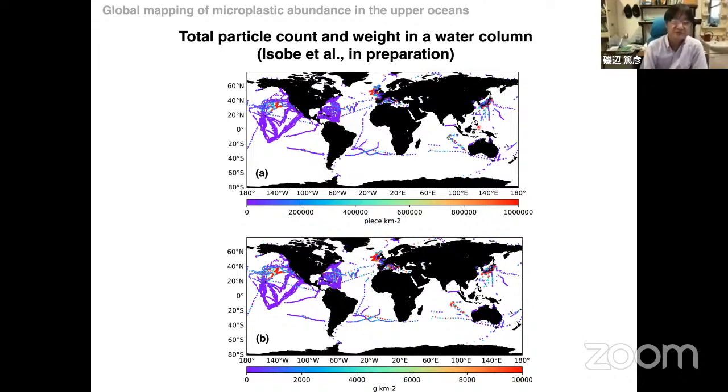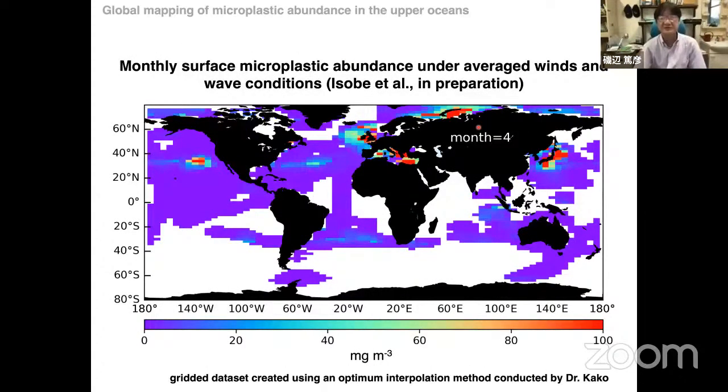And thereafter, we changed this data set to a gridded data set. In this data, the abundance is again returned to milligram per cubic meter. To create this data set, we use the averaged wind and averaged wave height.